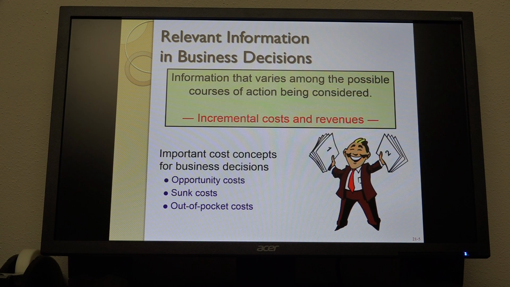Sunk costs, that's money you already spent, and sunk costs, like I said, is irrelevant to any decision. Out-of-pocket costs are costs that you're going to have to make now or in the future and must be considered before any decision is made.